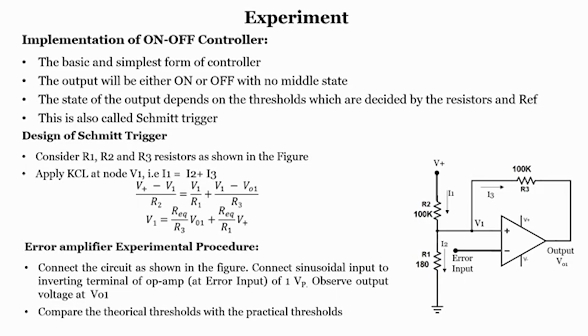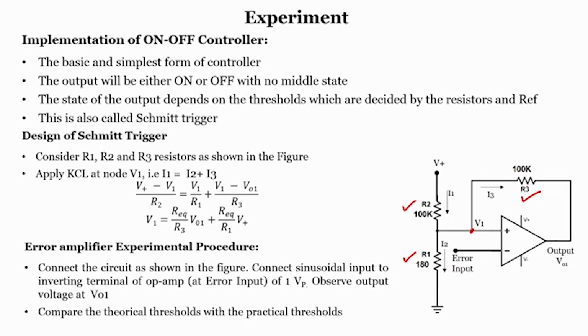Now, if you consider R1, R2 and R3 as resistors as shown in the figure, and if we apply Kirchhoff's current law, KCL, at node V1, then what do we get? We get I1, the current flowing through R2, equals I2 plus I3.